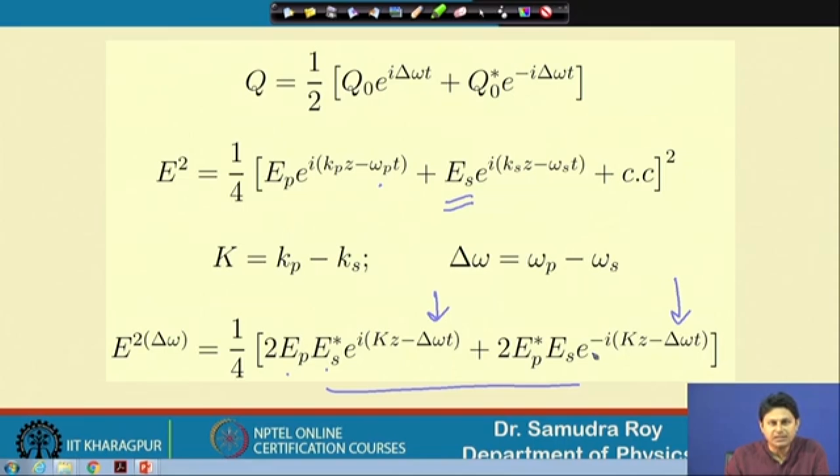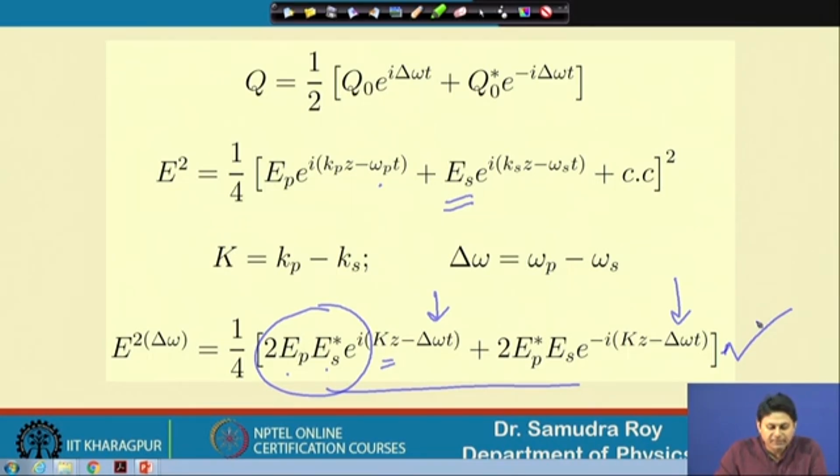So, E p E s star is the amplitude, 2 E p E s star is the amplitude, that is important. Also note that the phase term should contain K p minus K s. So, K p minus K s, I reduce this to K. So, K z minus delta omega t, this is the term that corresponds to frequency delta omega.